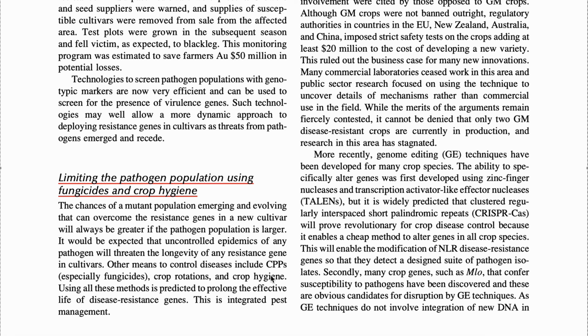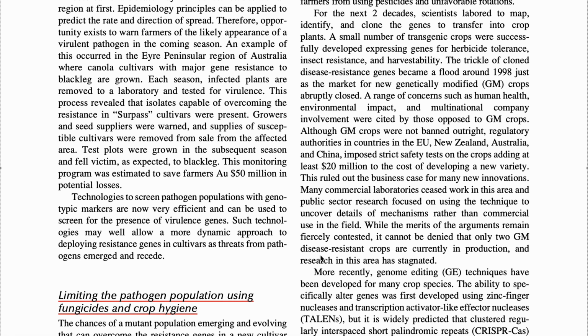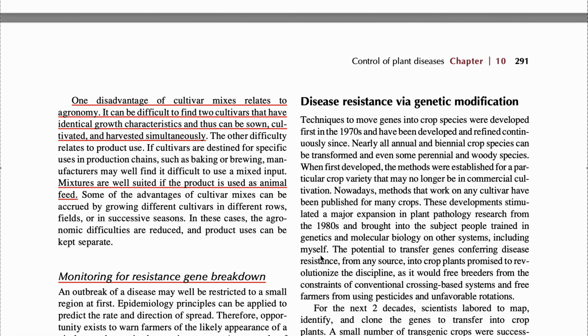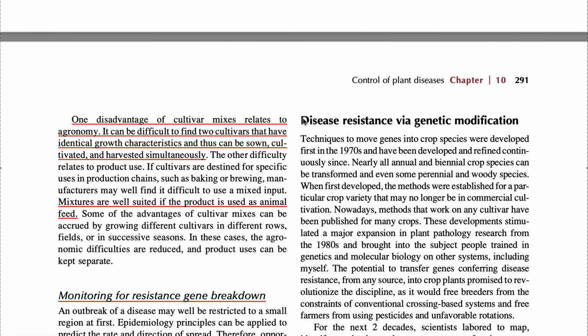Other means to control disease include CPPs, especially fungicides, crop rotation and crop hygiene. Using all these methods is predicted to prolong the effective life of disease resistance genes. This is integrated pest management. The next topic after this will be disease resistance via genetic modification.